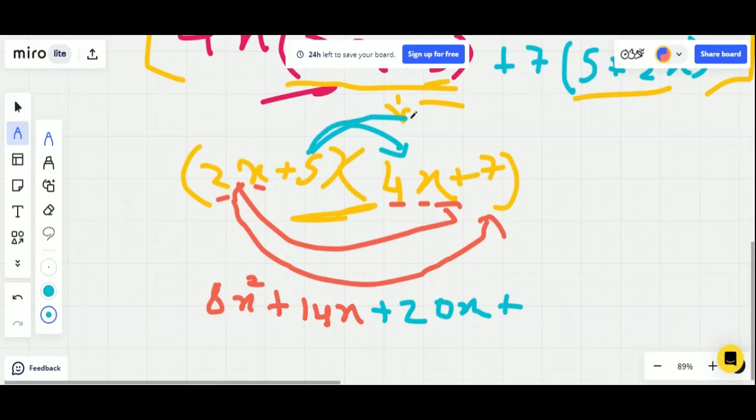Plus 5 into 7 is 35. So this is the expanded form.